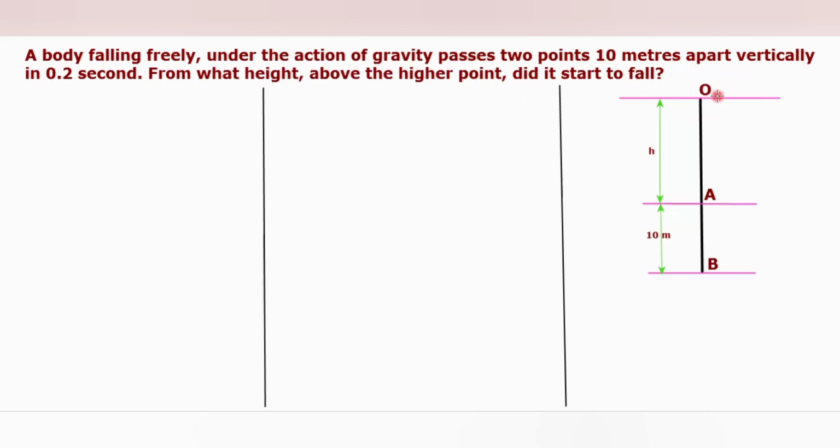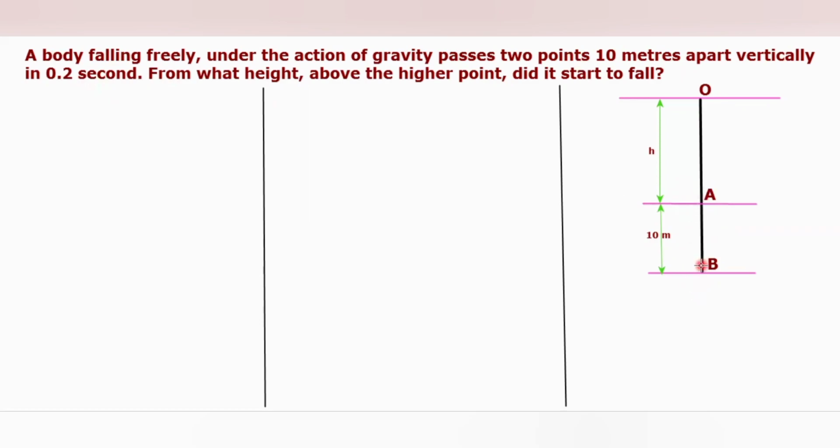In its path in the downward direction, it passes 2 points, say A and B. These 2 points are at a vertical distance 10 meters apart. The body takes 0.2 seconds while crossing the 2 points.